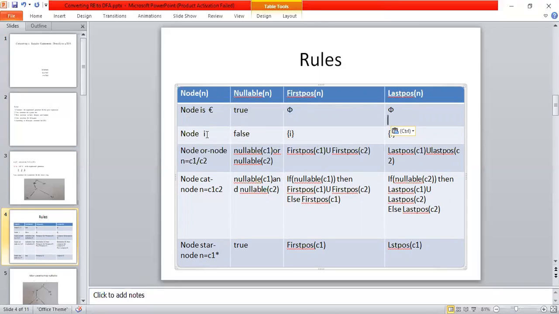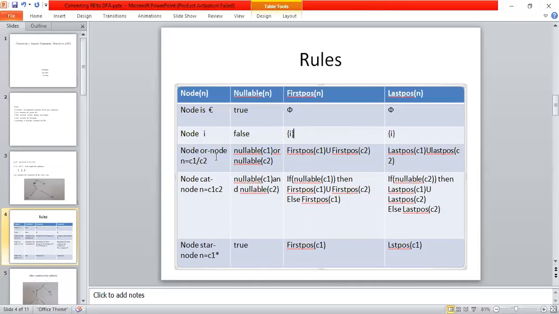If the node contains any symbol, it may be a or b or c, any symbol, then nullable is false, its firstpos is that value and its lastpos is also that value. So if the node contains a null value, nullable is true and its firstpos and lastpos are empty. If the node contains some value, then its nullable is false, and its firstpos and lastpos are the position number of that symbol.